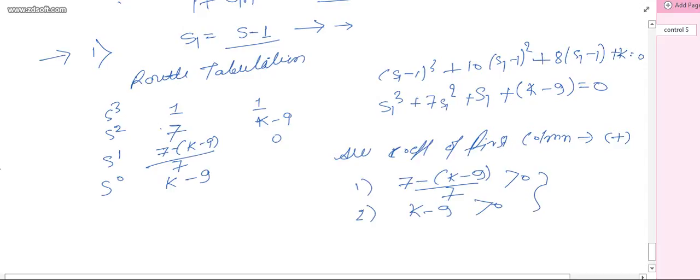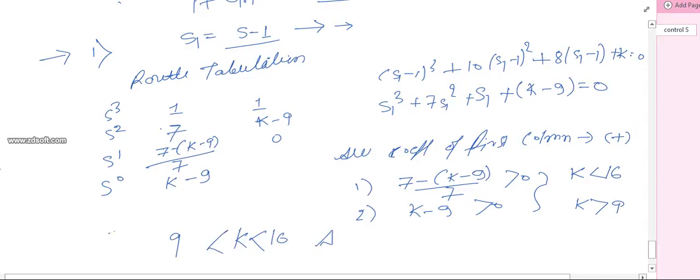So from here you get K must be less than 16, and here you get K must be greater than 9. So K lies between 9 and 16.